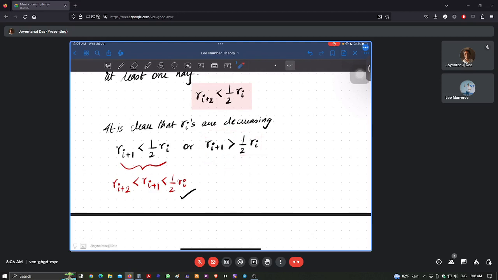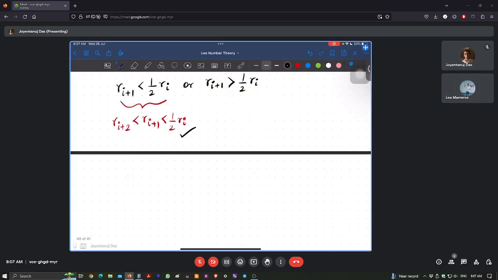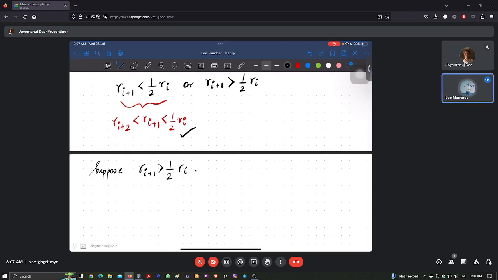If the first case holds, then it is automatically true because the sequence of Ri's is decreasing. So suppose we can assume that Ri plus 1 is greater than half of Ri. This is the second case.